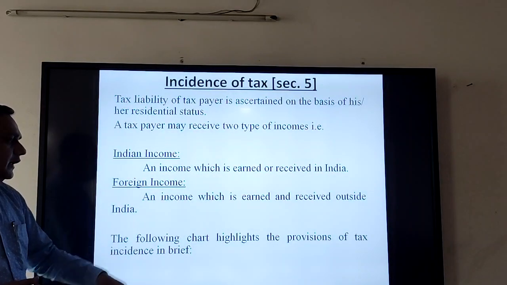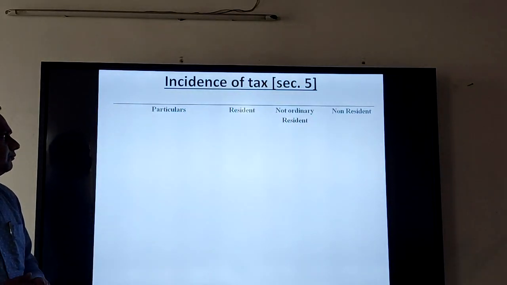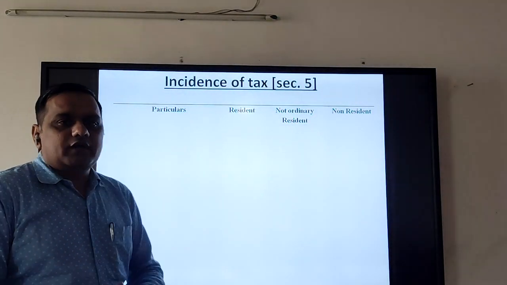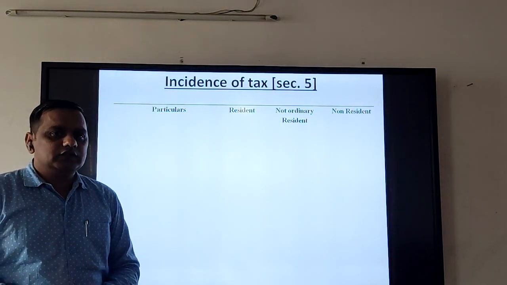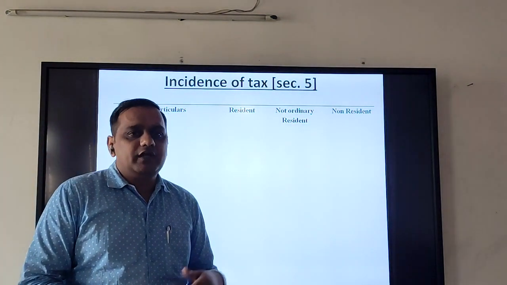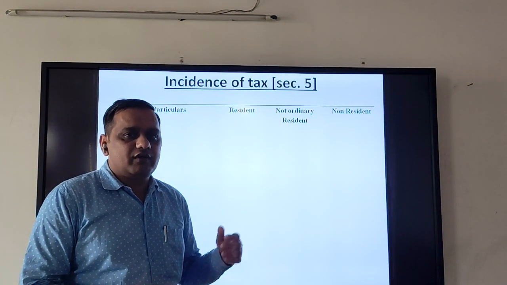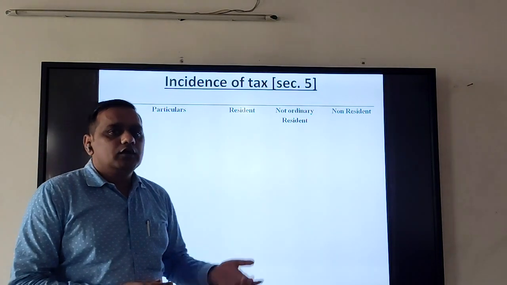The following chart highlights the provisions of tax incidence in brief. To ascertain the tax liability of an individual on the basis of their residential status, we follow a simple rule. As we know, an individual can have three types of residential status: resident, not ordinary resident, and non-resident.